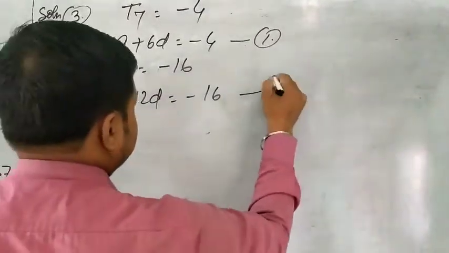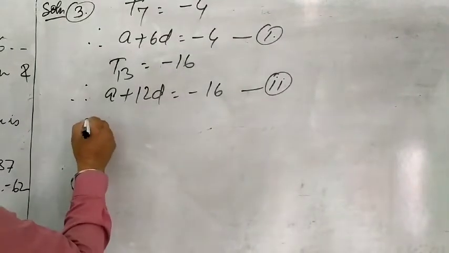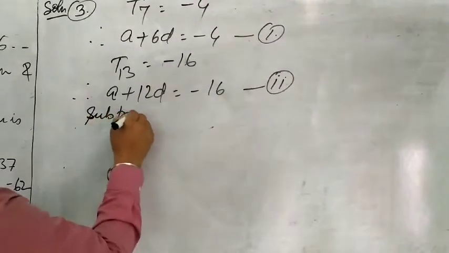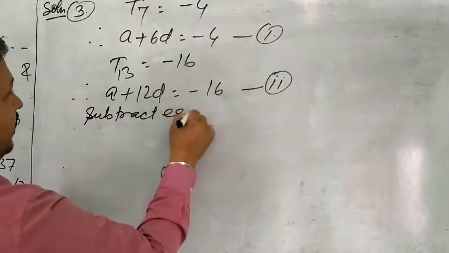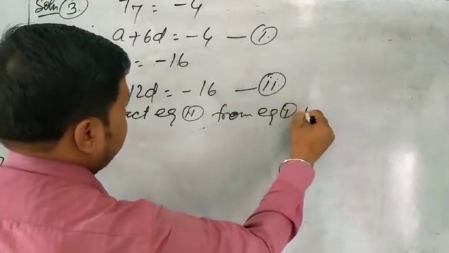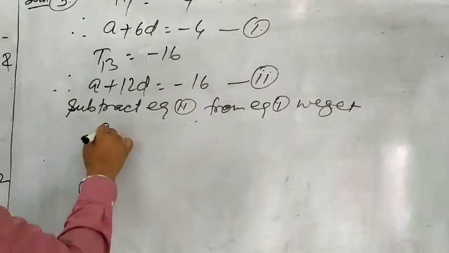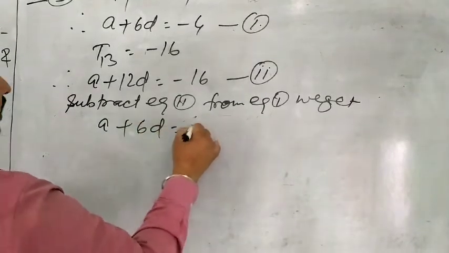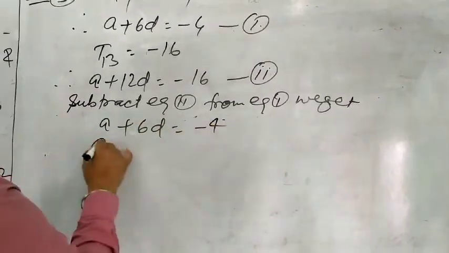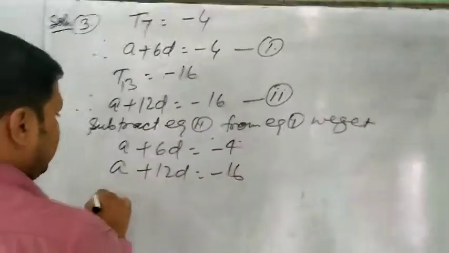Your equation second. Now we subtract equation first from equation second. We get A plus 6D equal to minus 4 and A plus 12D equal to minus 16.